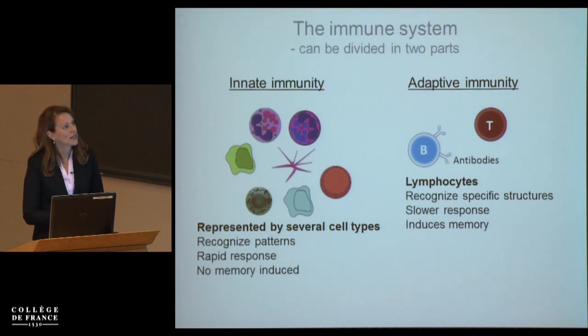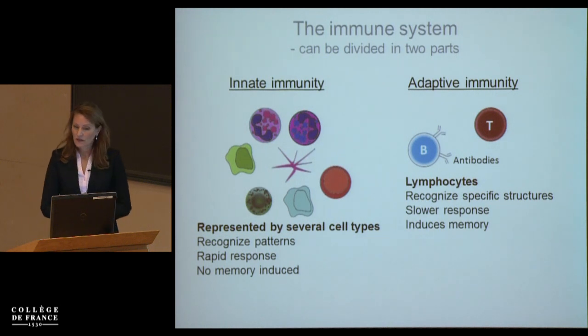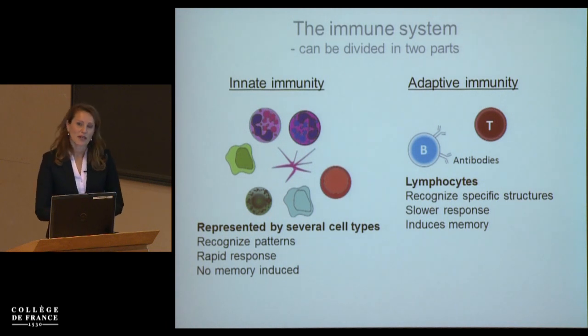They can recognize single molecules on a specific antigen. A good thing about adaptive immunity is also that it induces memory. So that means that if the individual encounters the same bacteria or virus again, the lymphocytes are already there and can fight against this infection. So the strength of the response is stronger and it's faster. And I'm going to talk about the B cells, the B lymphocytes, in my talk.